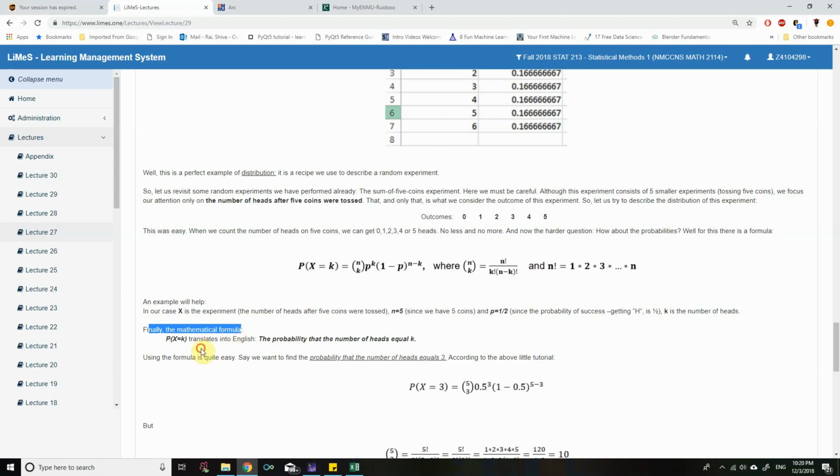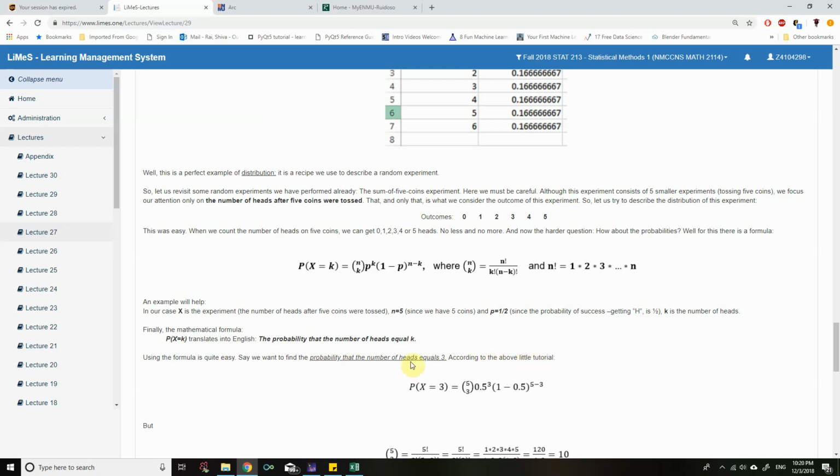Finally, the mathematical formula P(X = k) translates into English as the probability that the number of heads equals k. So how many times would you like to get head? k times. So that's the probability of getting k heads. Using the formula is quite easy. Say we want to find the probability that the number of heads equals 3.